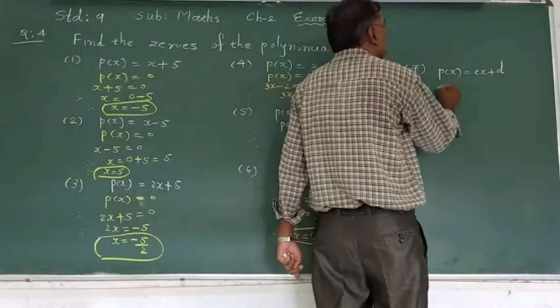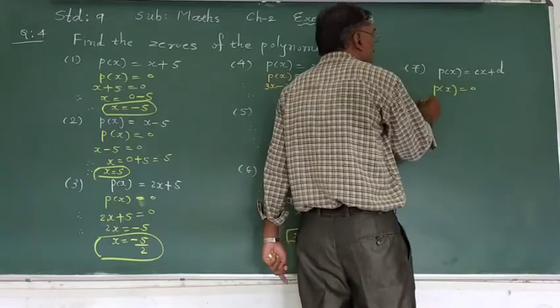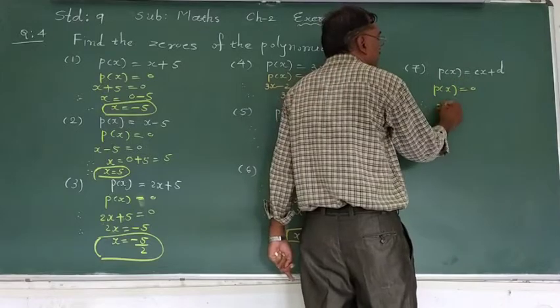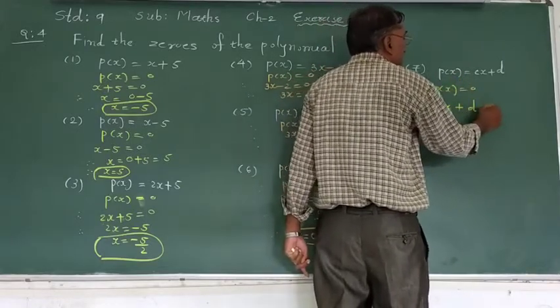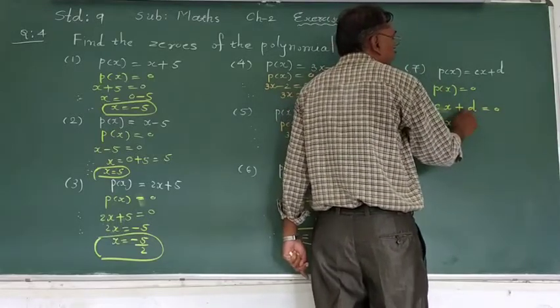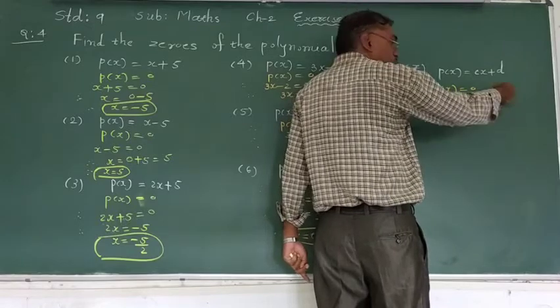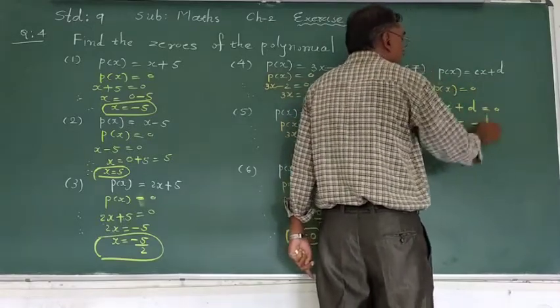p(x) equal to cx plus d. First write p(x) equal to 0. Therefore, cx plus d equal to 0. Therefore, cx equal to minus d, as plus d goes to the other side and becomes minus d.